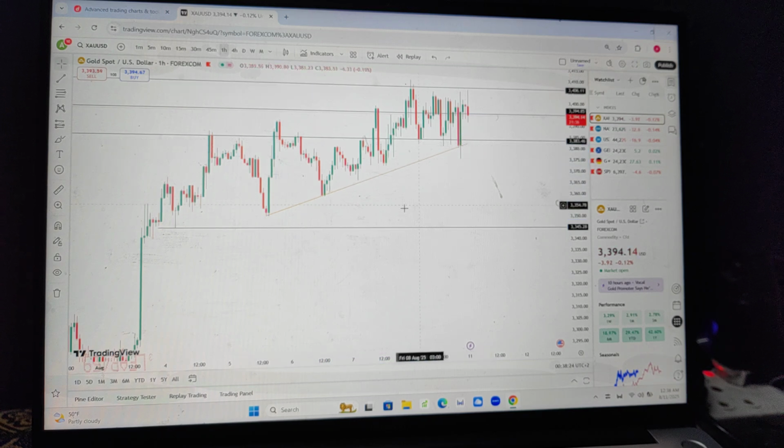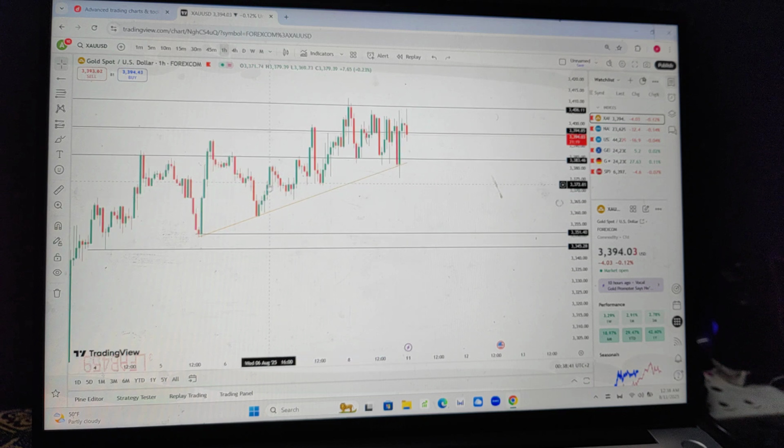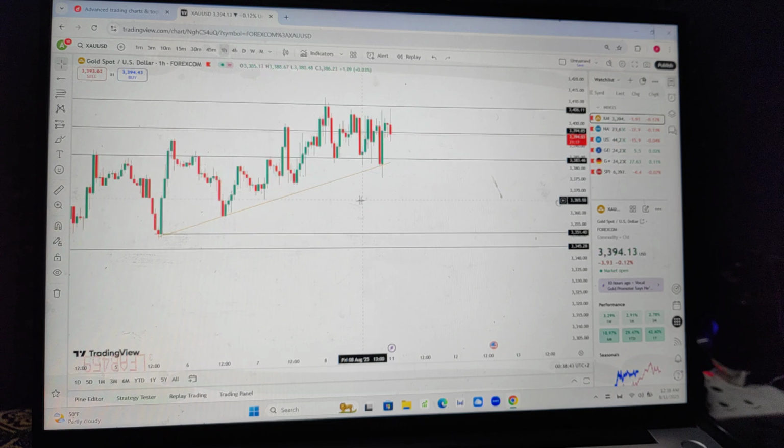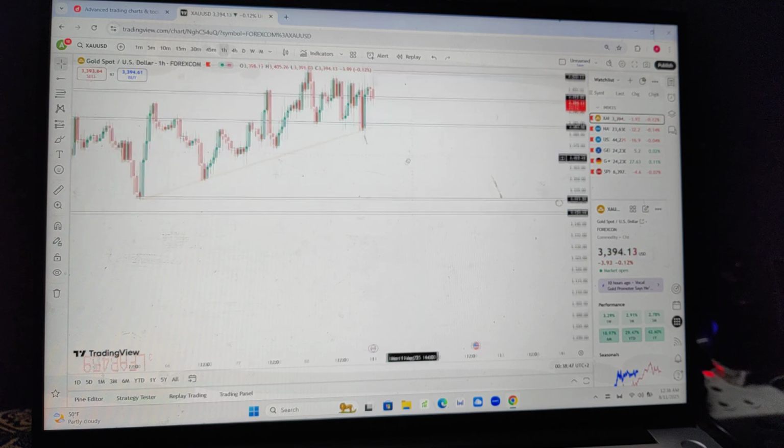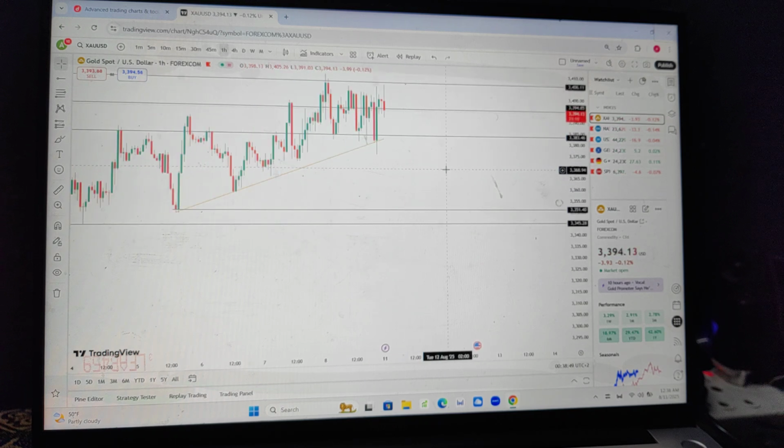On the 1 hour you can see there's a bullish engulfing here, which confirms that there are stop losses below this bullish engulfing. So as you can see, this is going to happen, guys. This week the market will close bearish.